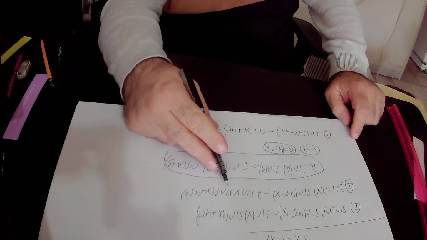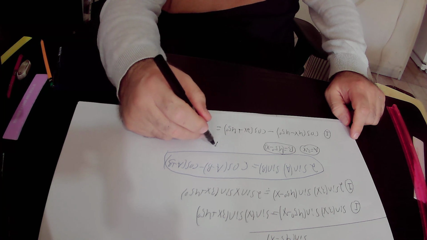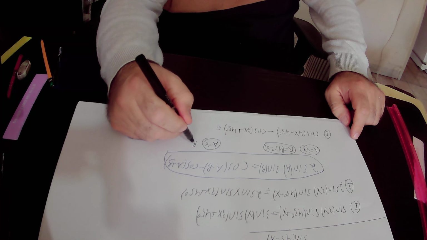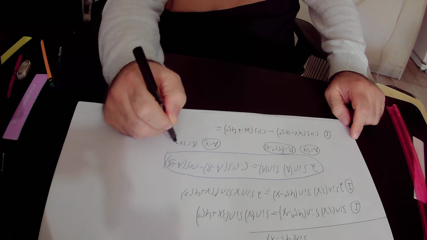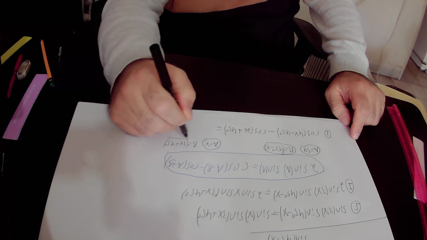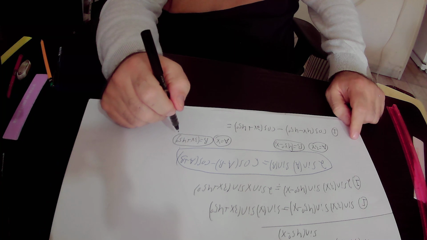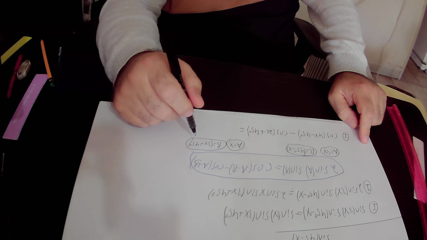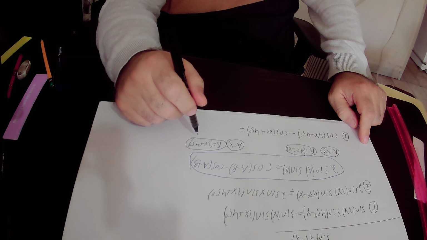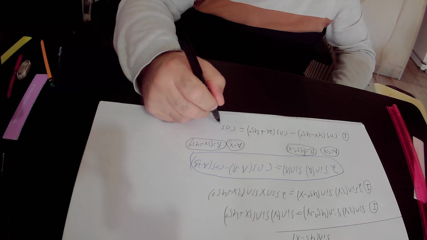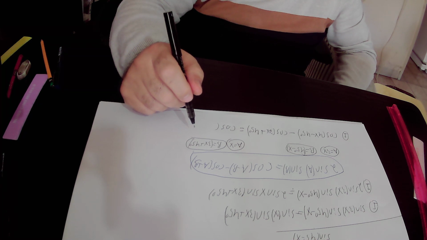So here A equals x and B equals 3x plus 45 degrees. So 2 sine x sine 3x plus 45 degrees equals cosine A minus B. Cosine A minus B is, A is x and B is 3x plus 45 degrees.